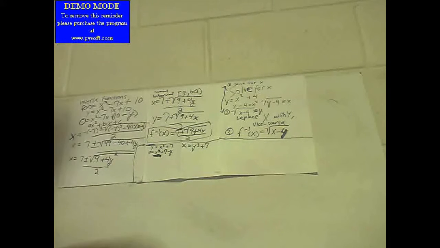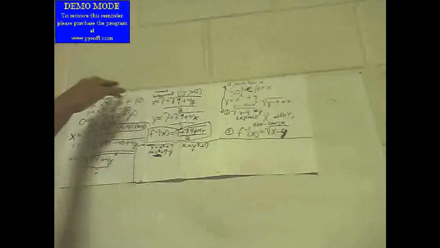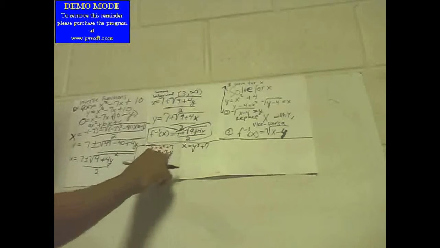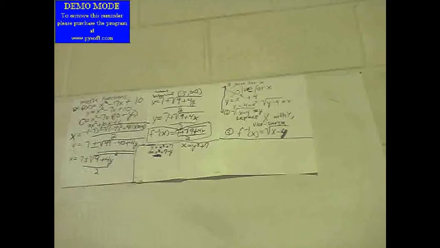In example 1, it was easier to solve for x first and then replace the values. Now look at this, we can't necessarily use the quadratic equation because we don't have ax squared plus bx plus c. So we're going to replace the x values first.